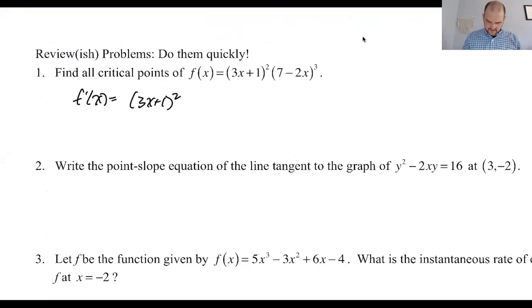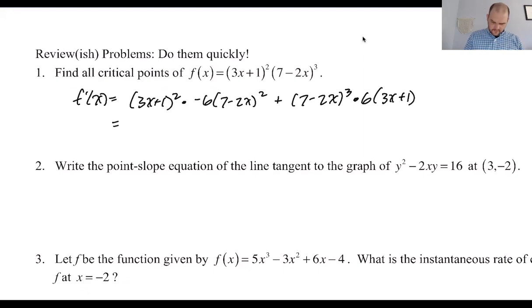Derivative of the second is going to be, so it's 3, but then you pick up another 2, so -6, 7 minus 2x squared, plus second, 7 minus 2x cubed, and then it'll be 2, but you pick up another 3, so 6, 3x plus 1. And then we want to try to factor, so I can take out 3x plus 1.